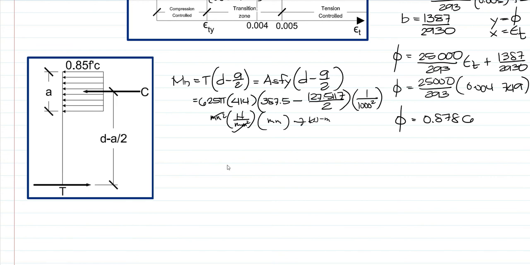Kaya, i-divide natin lagi yan by 1,000 squared or i-multiply natin yan by 1 over 1,000 squared. So, our nominal moment coming from this equation will be 263.1674. So, this will be in kilonewton meter.